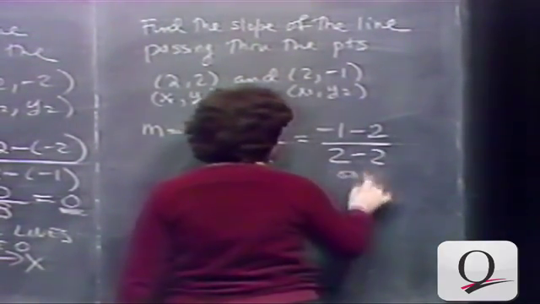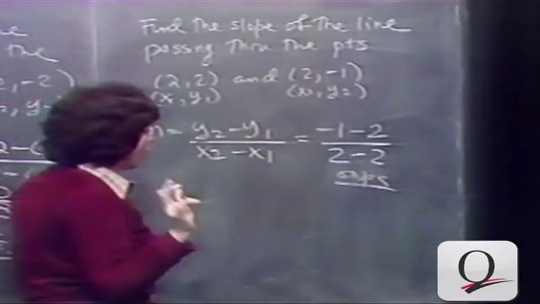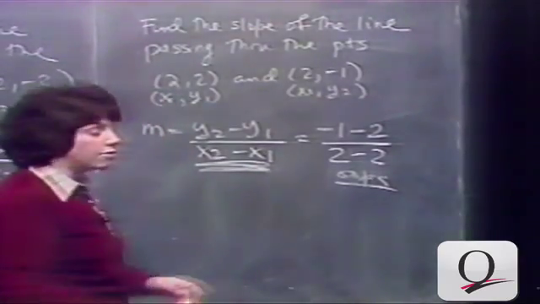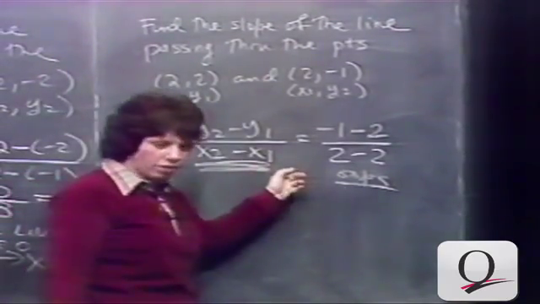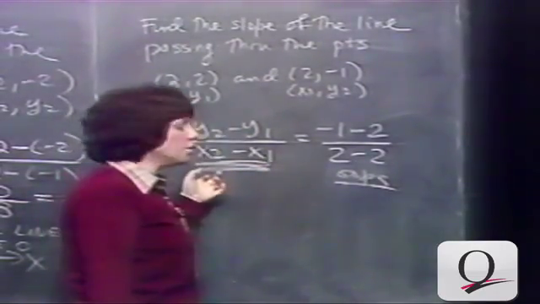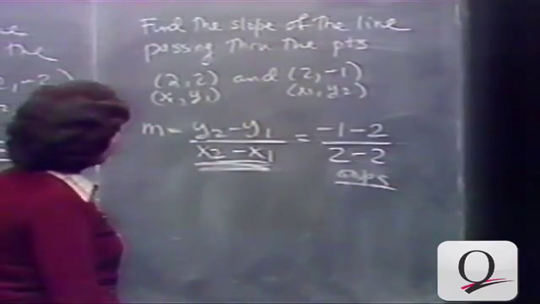Whoops. We can't have division by 0 in our mathematics. What went wrong? Remember when I gave you the definition of slope, I said provided x2 is not equal to x1. Because if x2 were equal to x1, we'd have division by 0. And here is an instance of x2 being equal to x1.